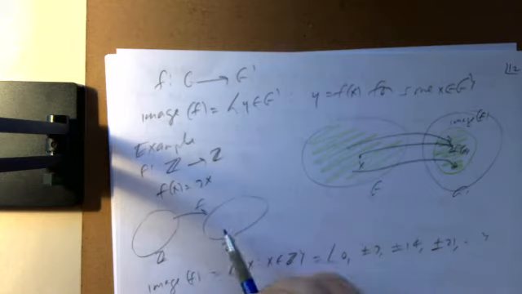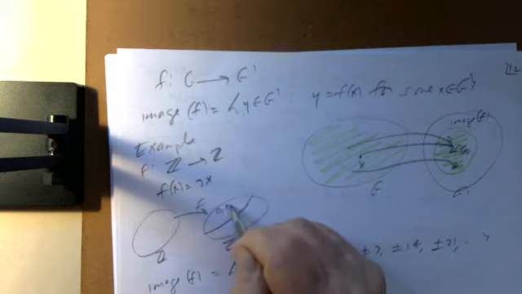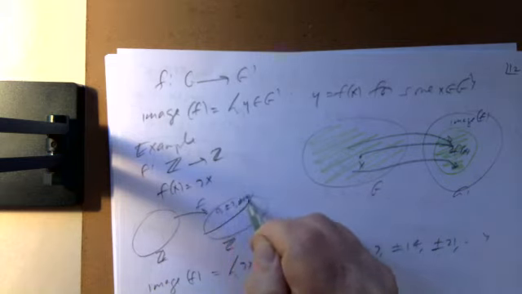Well, it's the set of all multiples of 7: 0, plus or minus 7, plus or minus 14, plus or minus 21, and so forth.